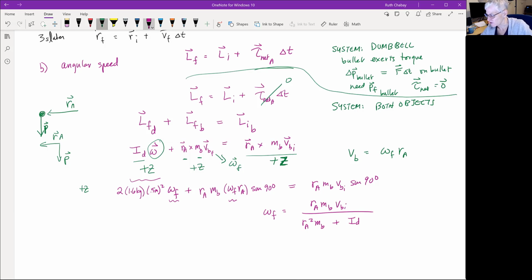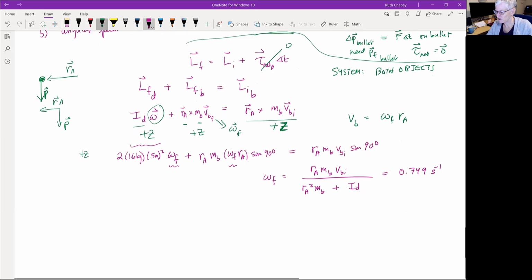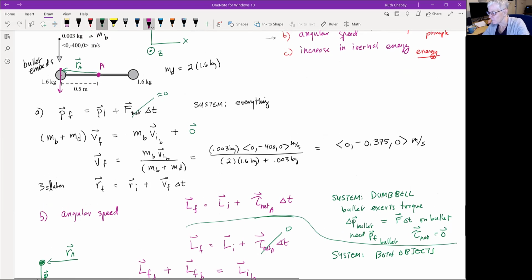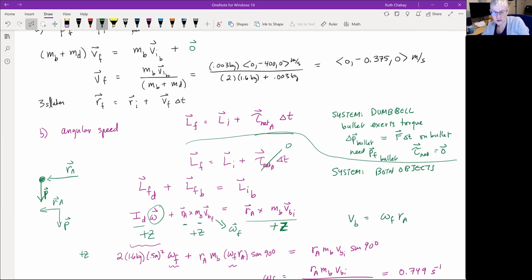When we plug in all those numbers, we get omega of 0.749 radians per second in the plus Z direction. Now, it would have actually worked to do it Seth's way, where we calculate the torque. That's perfectly fine. We need to calculate the change in the bullet's momentum to get the force, but we can do that.